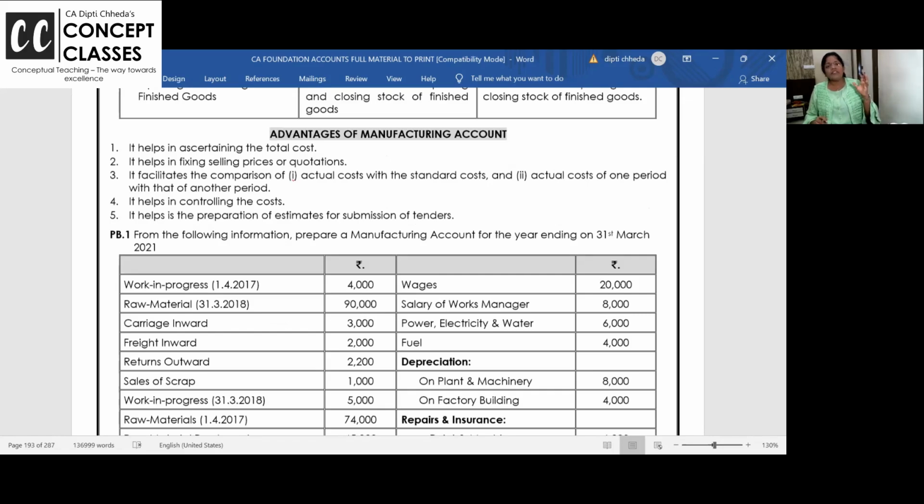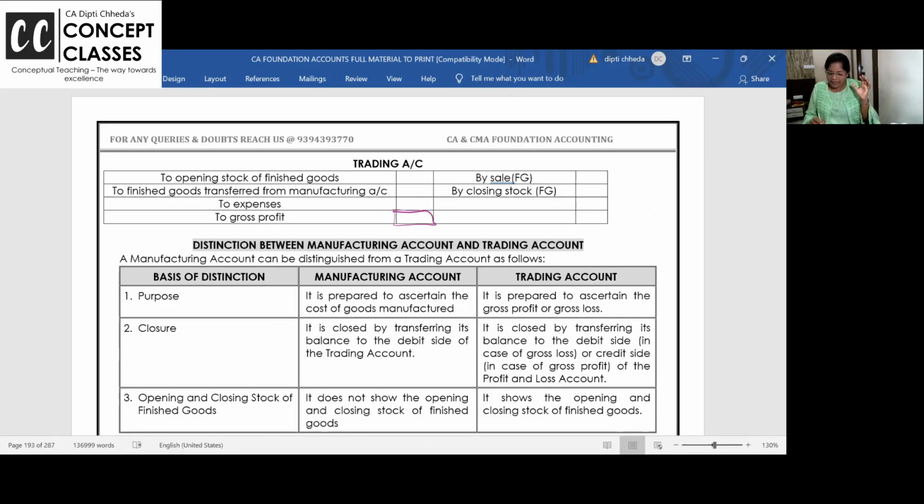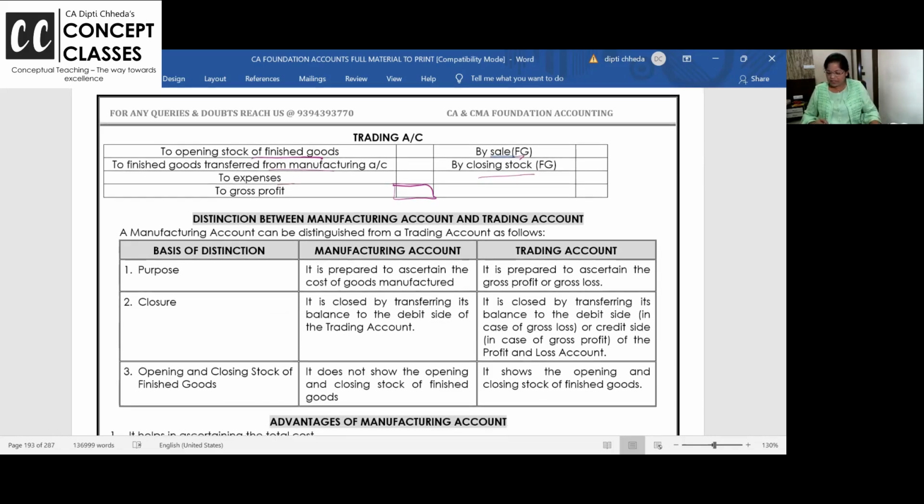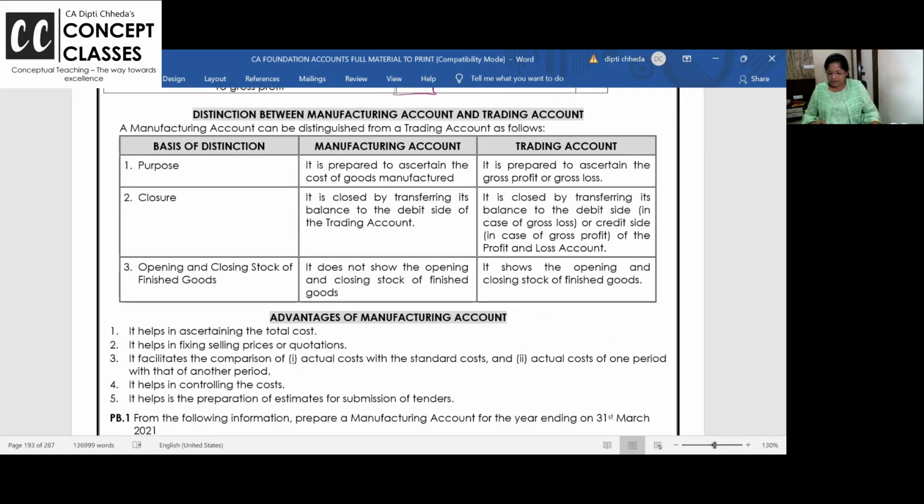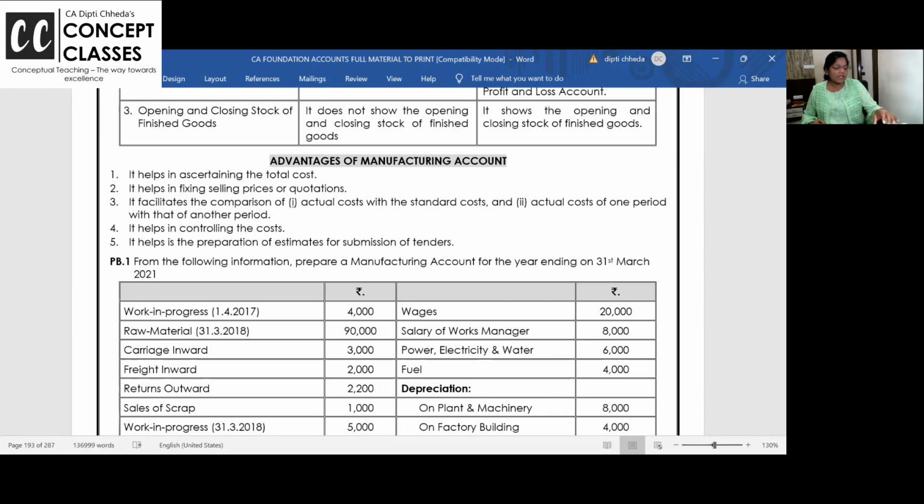Once the manufacturing account is done, in the trading account you have the opening stock of only finished goods. The finished goods come here, along with expenses, sale and closing stock, and you get the GP. Right. So now, let us prepare the manufacturing account. What are the benefits of preparing it? It helps in ascertaining the total cost so that you can fix the selling price.